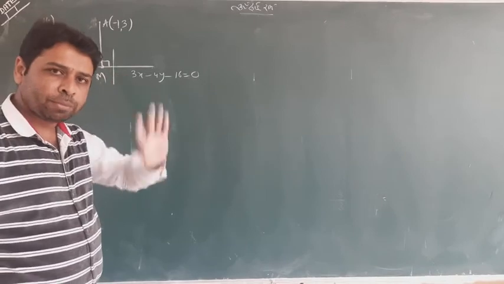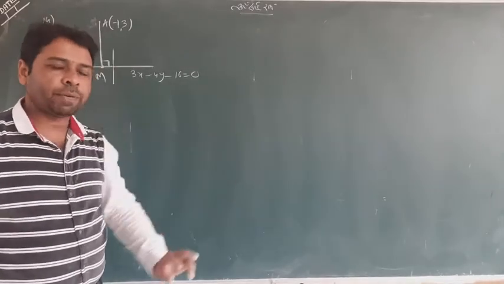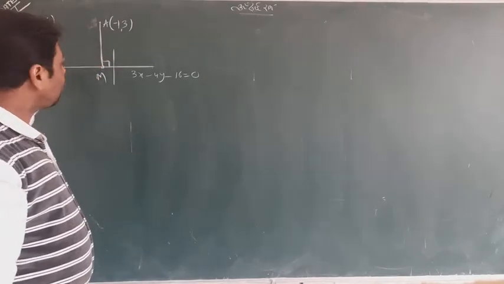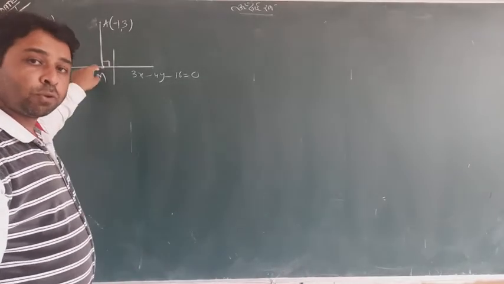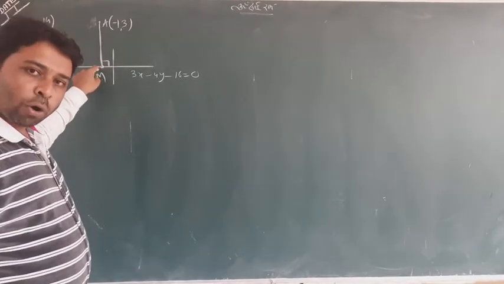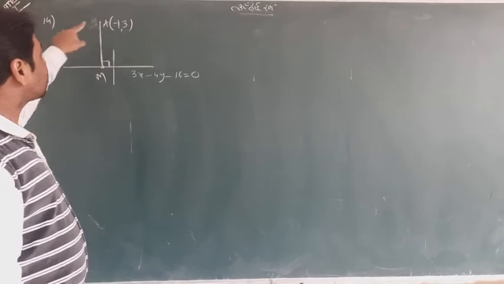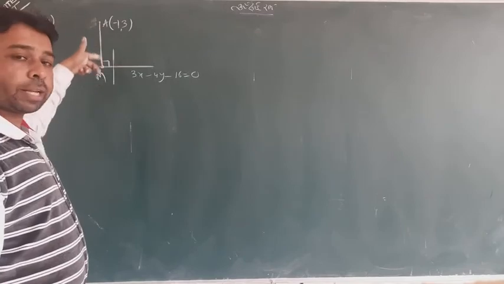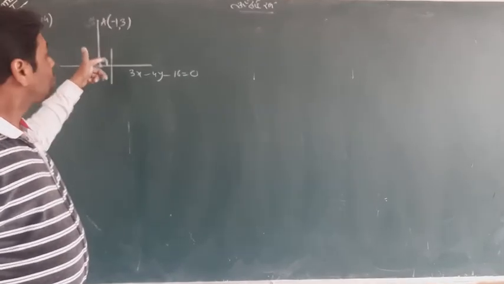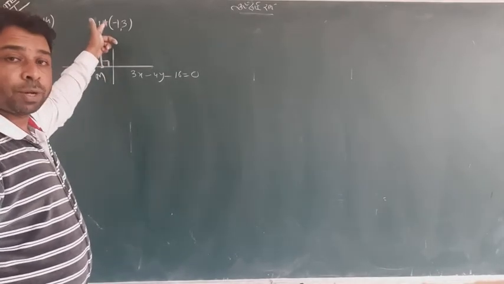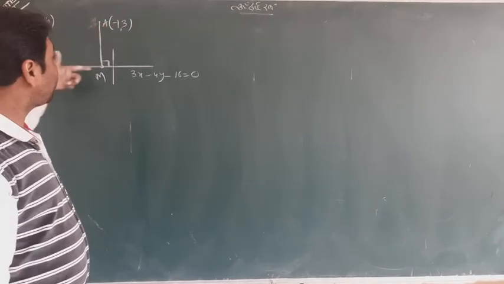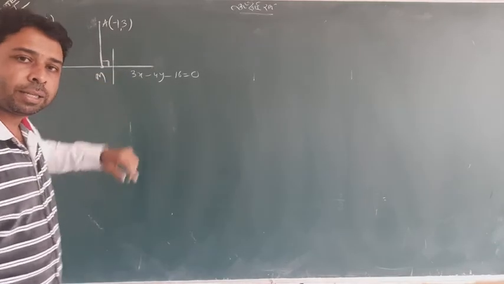You can hear me by rewinding the audio that AM is perpendicular and M is none else, it is the foot of the perpendicular, and also we can say M is the intersection point of this line and this line. So we will find the equation of this line. How can we find it? It is passing through A, so one point form we can use. We need only the slope, and we can find the slope with the help of this line.